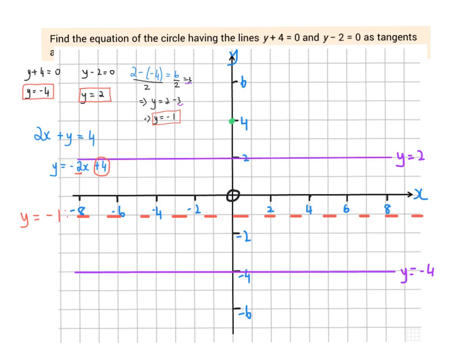Okay, so there's the point 0, 4 drawn in, and then obviously a slope of minus 2. So every 1 unit we go across, we're going down 2 units with our line.